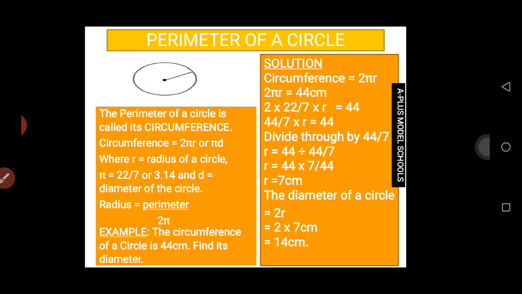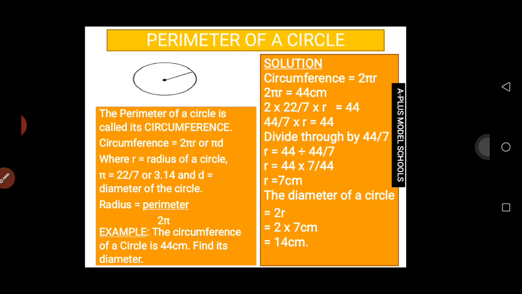And perimeter of a circle is still the same thing as circumference of a circle. So circumference of a circle is the same as perimeter of a circle. And I've told you the formula is 2 pi r or pi d.